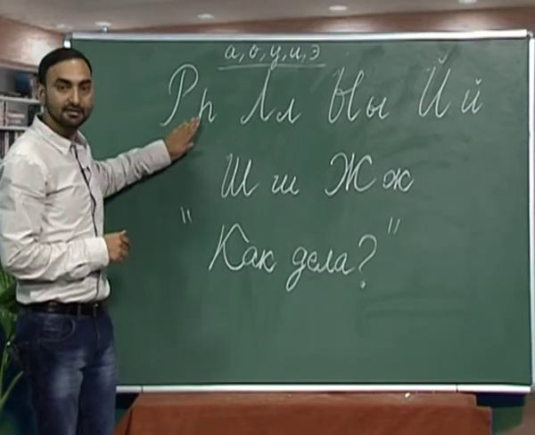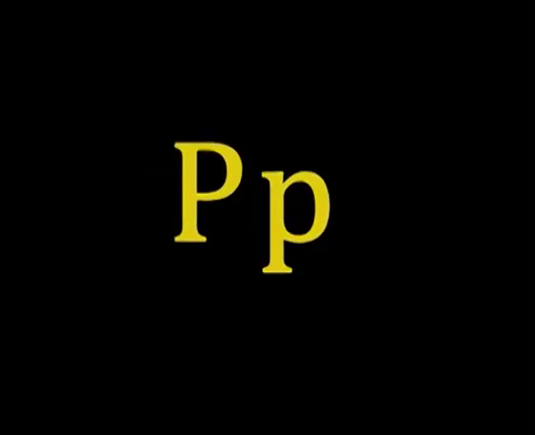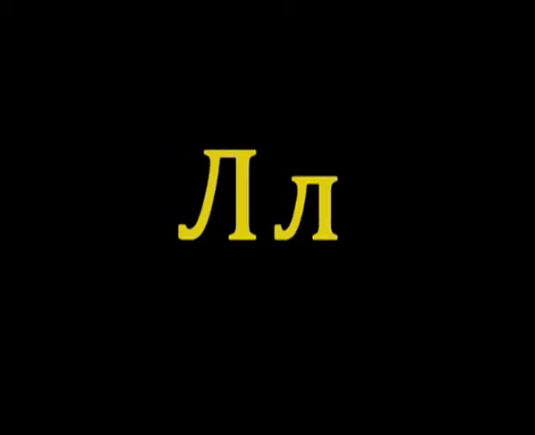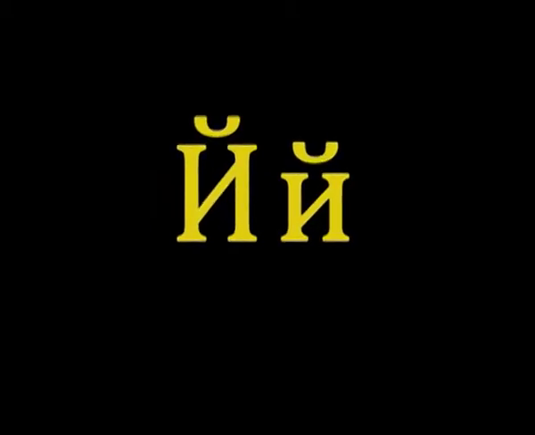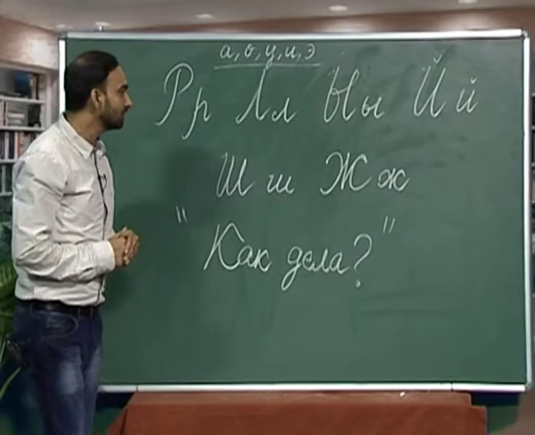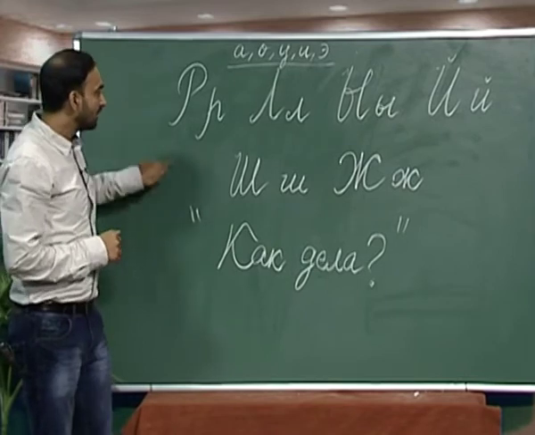The first one is R, L, I, I kratkoe, sh and zh. So, let us start with R.